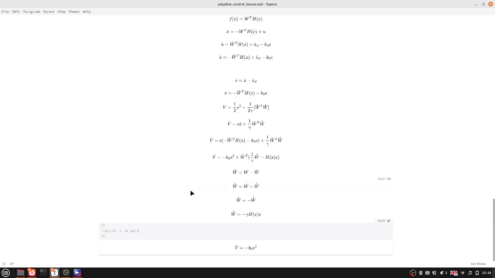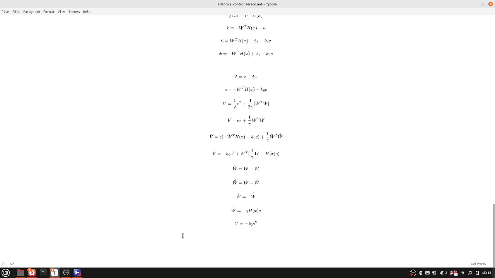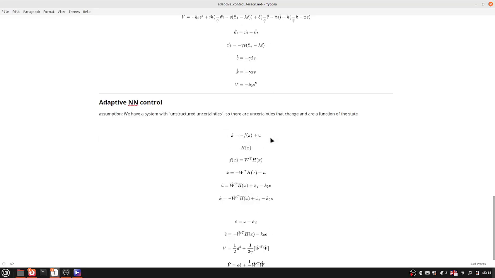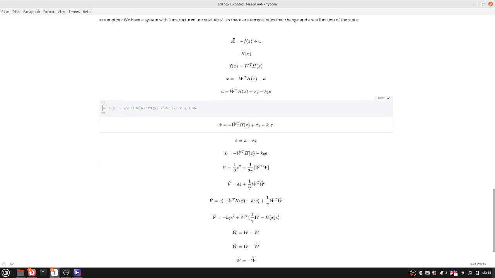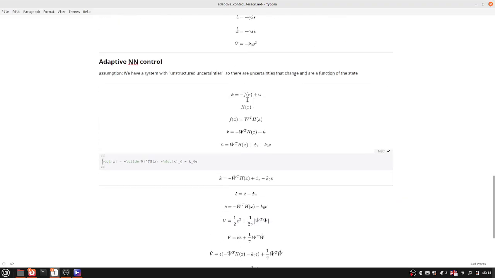So that works, and we can then obviously go on to prove stability with Lyapunov stability analysis and see that it's negative definite, and obviously we can control k0 so we can ensure that that is always the case. It's very, very similar to adaptive control. You just have to make that first step, which is to change this unstructured uncertainty, this function of x, into a combination of some constant weights, which are now our unknown constant in our adaptive controller, multiplied by some basis functions which basically never change.